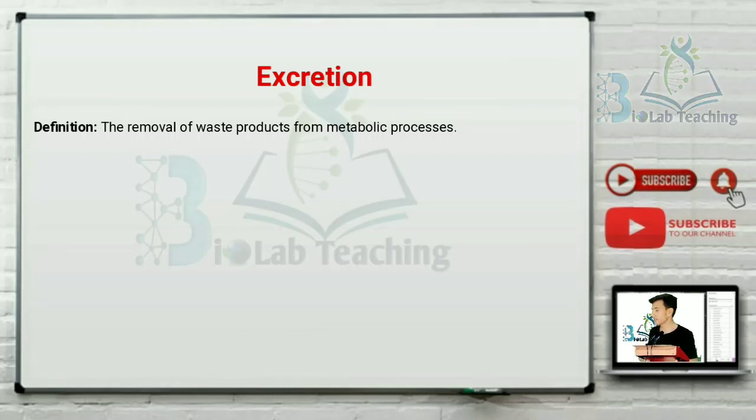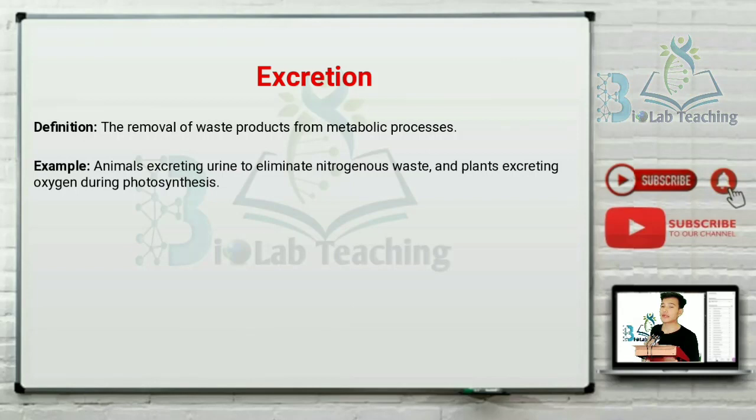There is cellular level excretion and body level excretion, but we will not go into detail. Just know that excretion is a property of living things, that they excrete unwanted materials from the body. Examples: animals excreting urine to eliminate nitrogenous waste, and plants excreting oxygen during photosynthesis.